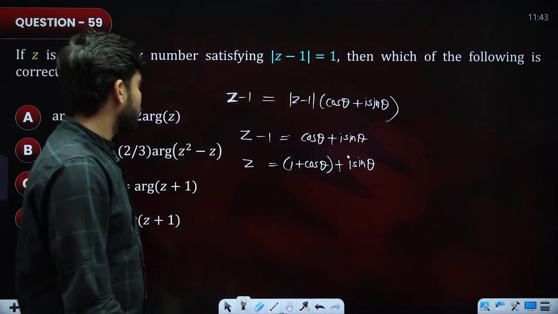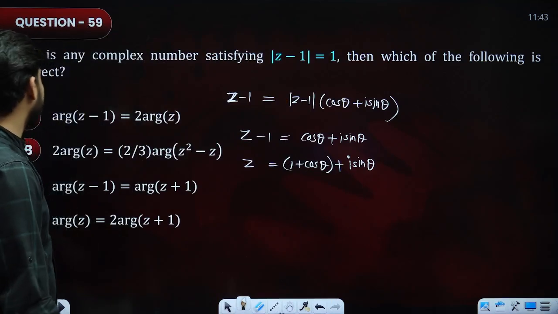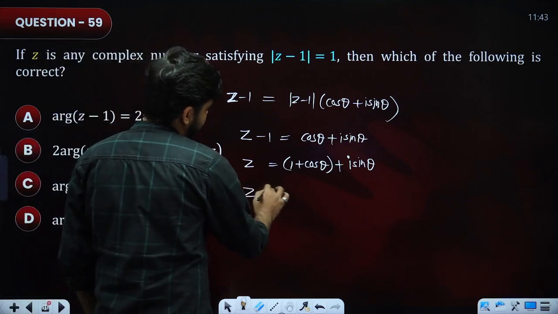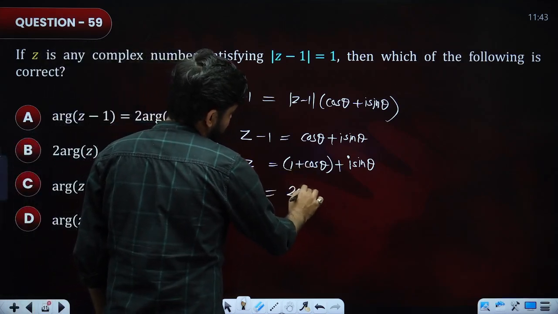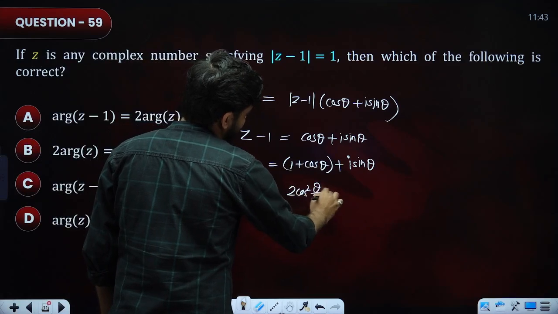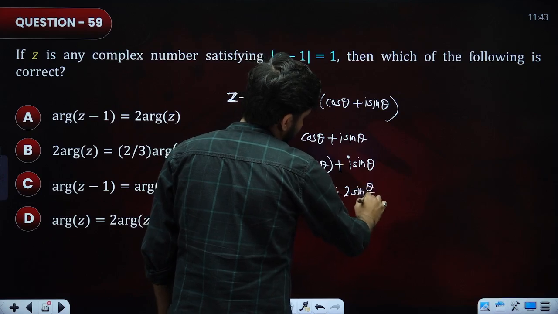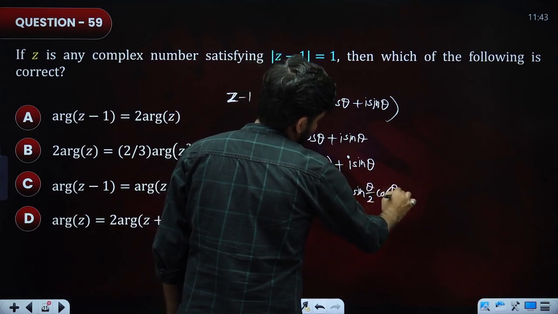Okay. So in that condition, we can talk about the argument of z. So here we can write 1 plus cos theta is 2 cos square theta by 2, and iota into 2 sin theta by 2 cos theta by 2.